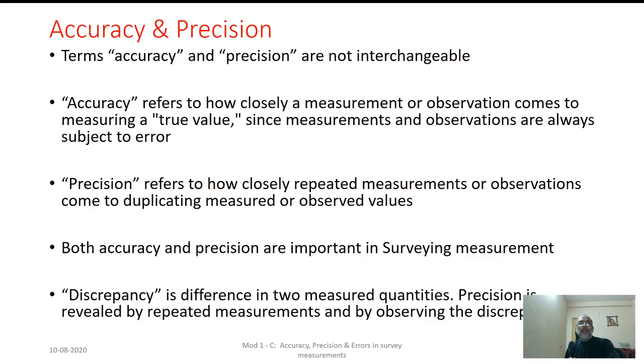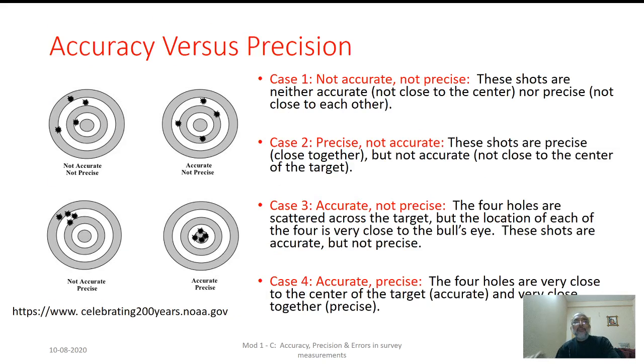One more important term is discrepancy. It is nothing but the difference in two measured quantities. So here the precision is revealed by repeated measurements and by observing the discrepancies. In order to understand these terms, accuracy and precision, we will go through a specific analogy.